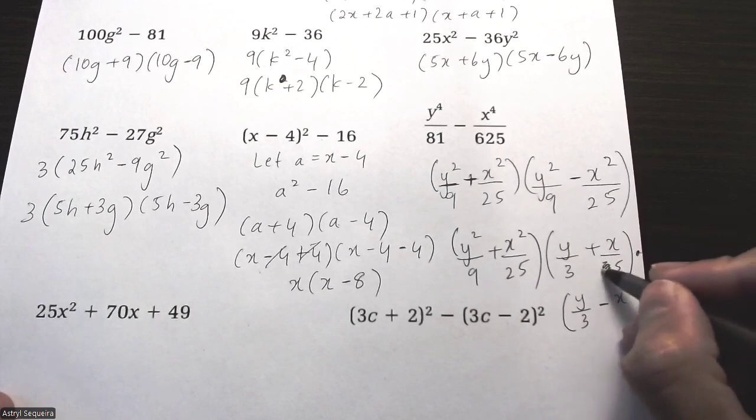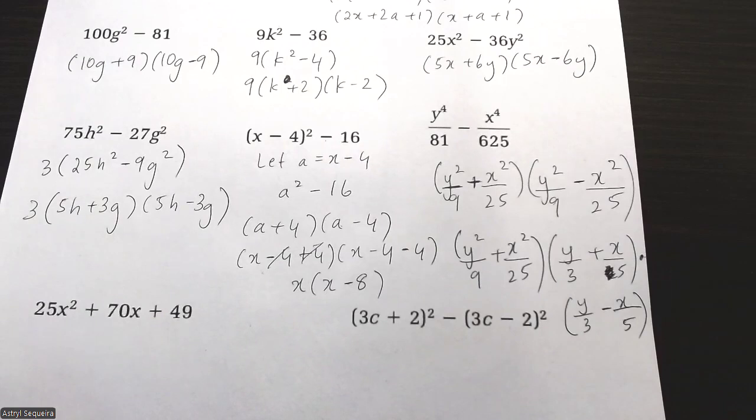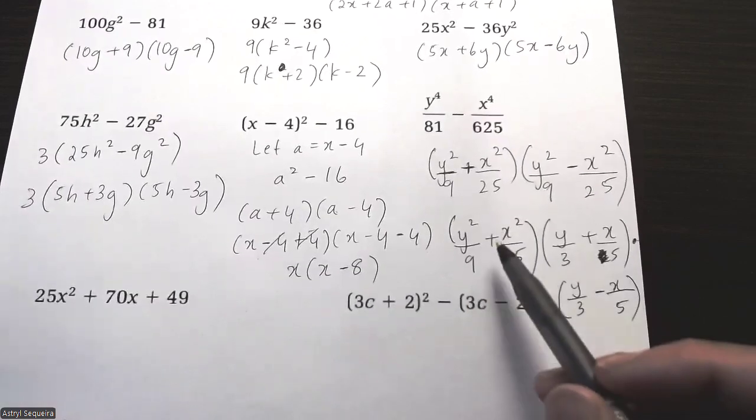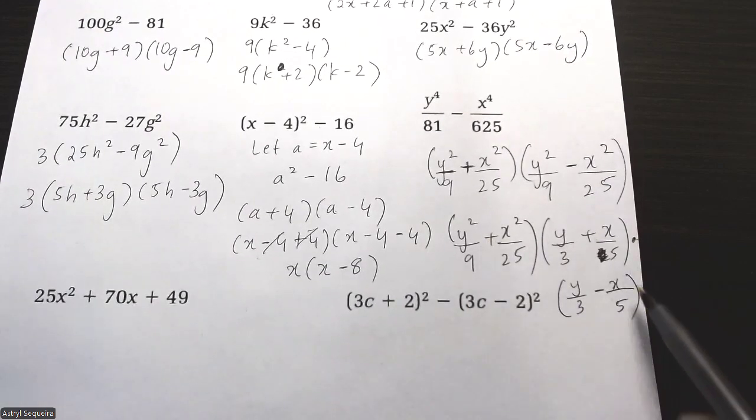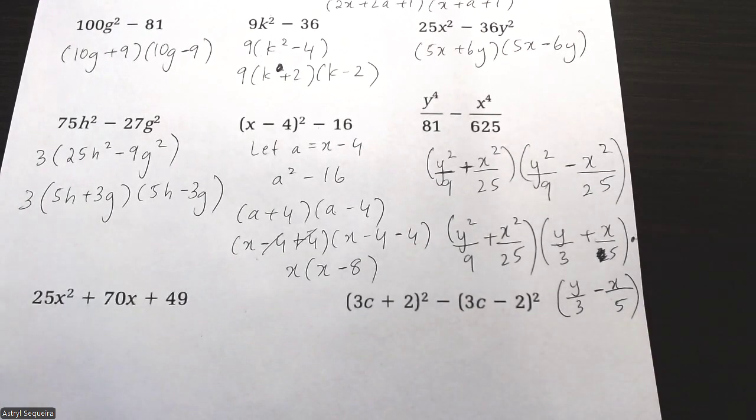Oops, that's not 25. Square root of 25 is 5. So final solution is this times this times this. We have 3 brackets multiplying. We did difference of squares over 2 steps over there.